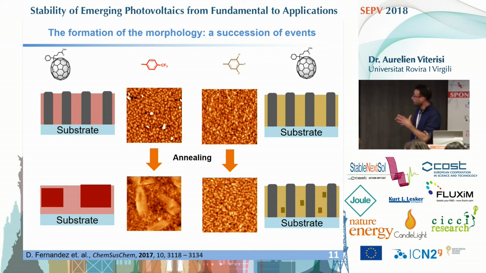When we apply annealing, in this case solvent vapor annealing, they evolve towards very different active layers. In that case, it remains almost similar to what it was before annealing, and in this case it rearranges completely to form these embedded crystallites inside the amorphous matrix.